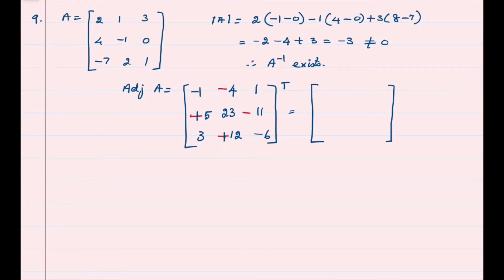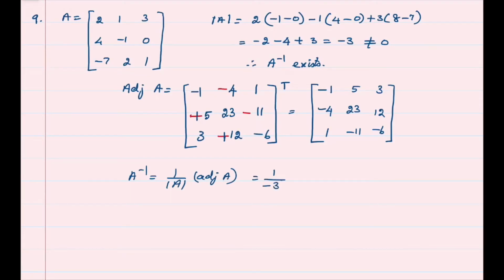We will write the transpose of this. A inverse formula is 1 by determinant of A into adjoint of A. 1 divided by minus 3 times the adjoint. This is the answer.